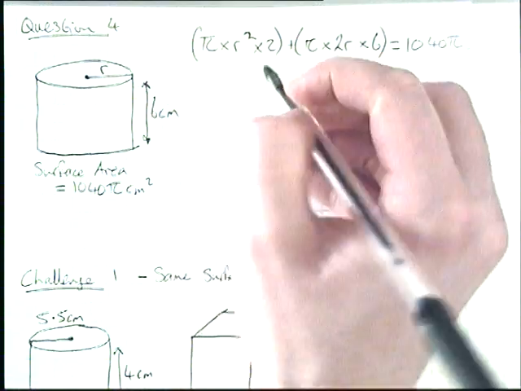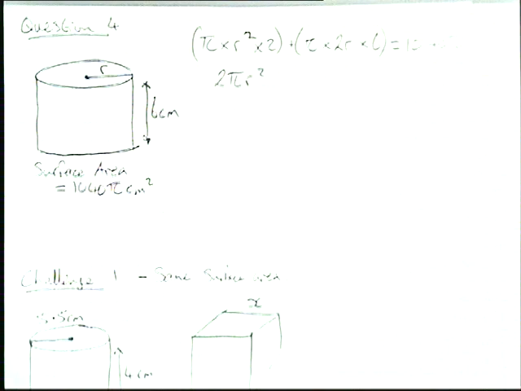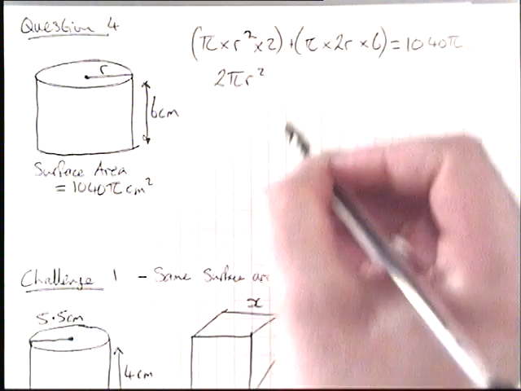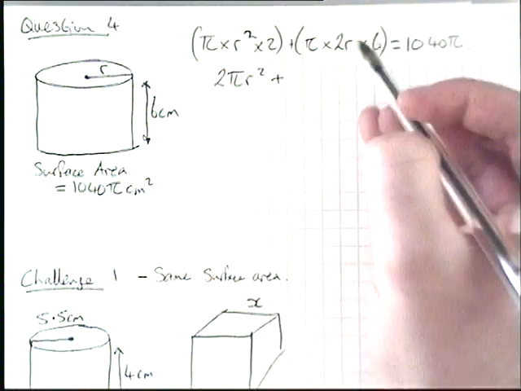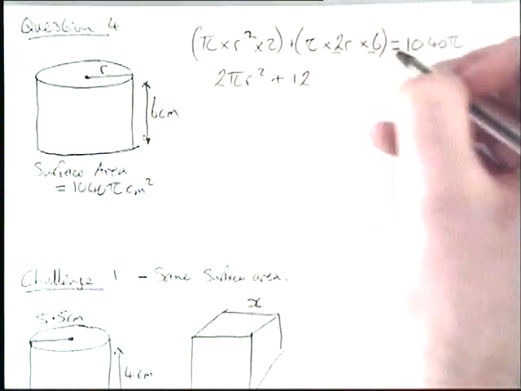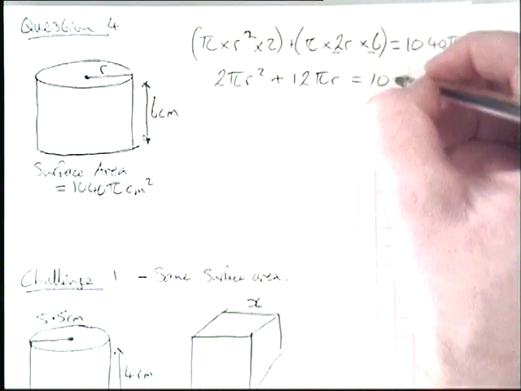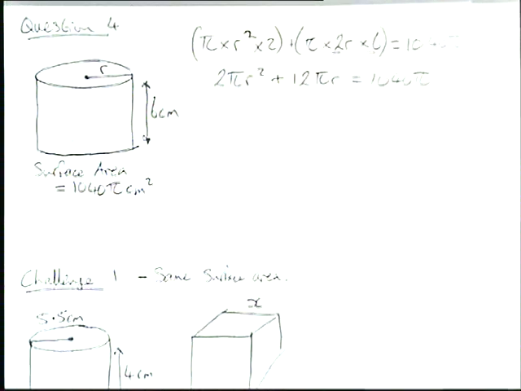So we're going to simplify down each bracket. So we're going to rewrite this bracket here as 2 pi r squared. The second bracket we're going to rewrite as 12, because we can multiply together the 2 and the 6, pi r, and that's still all equal to 1040 pi.